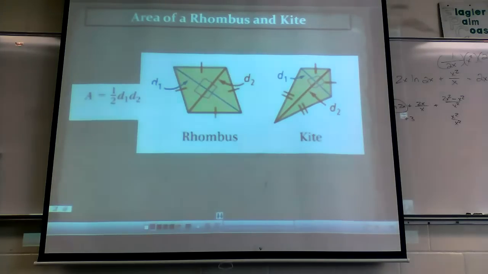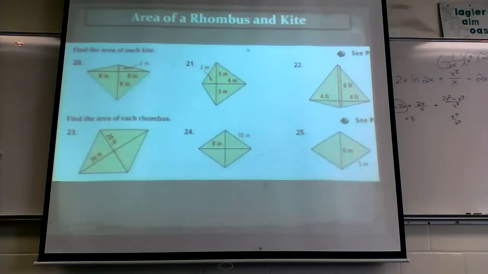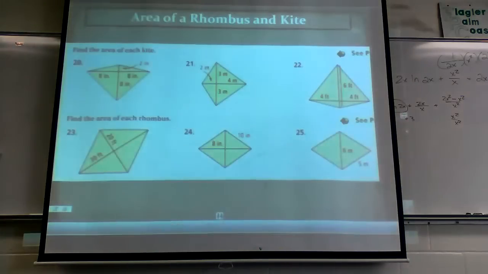Alright? Can we go past this? Alright, so I'm not going to go through all of them, I'm just going to pick a couple. Let's do 21 on the top. Alright, so just to show you where the numbers are coming from and what I mean by diagonals, right? When I say 1/2 d1 times d2, what I'm saying is find the length of this diagonal. What's the length of that diagonal right there in 21? How much is it?